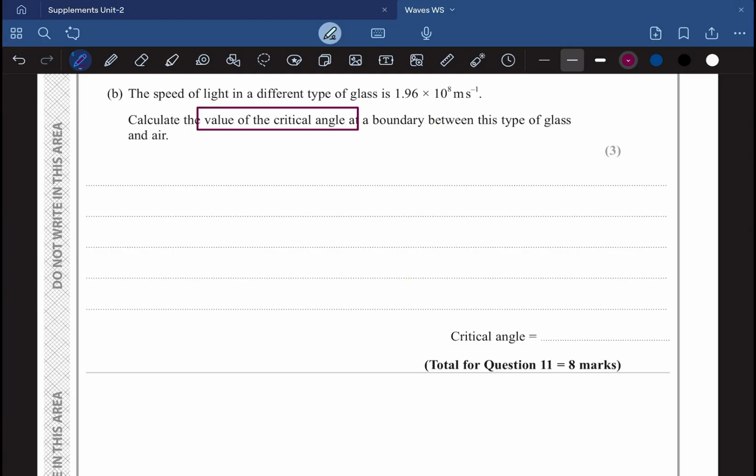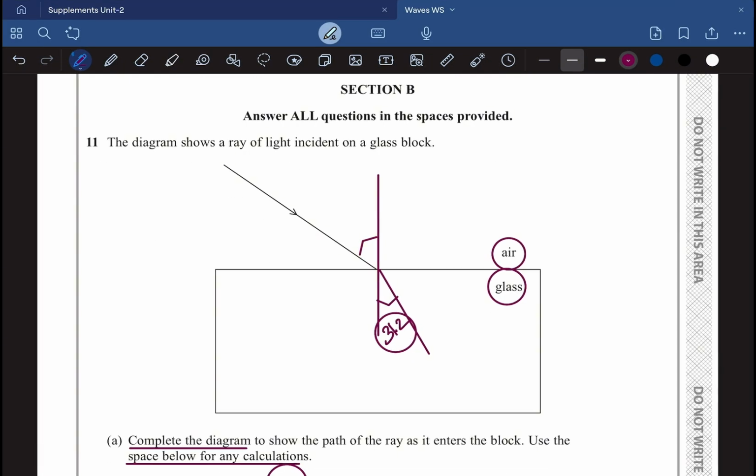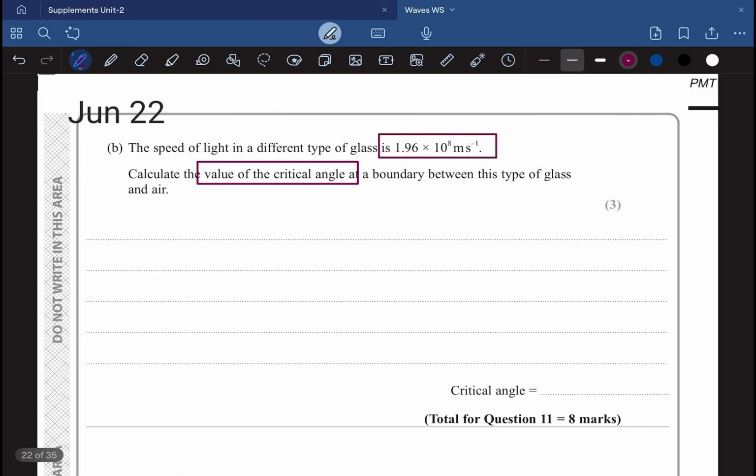The challenge is they have given us the speed of light in a different type of glass, and we know the only two mediums that the light was traveling in here are air and glass. In air the speed of light is 3 into 10 to the power 8, and the speed of light in glass has been given as this. So we can figure out the refractive index of this different type of glass, because the refractive index can also be figured out using the speeds.